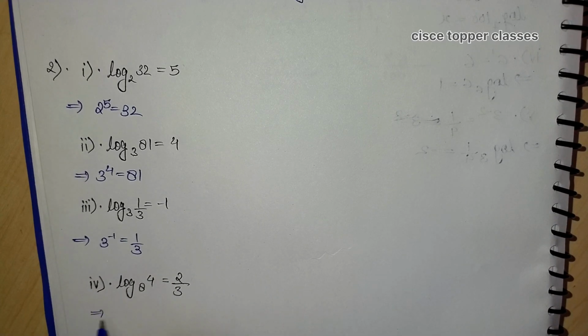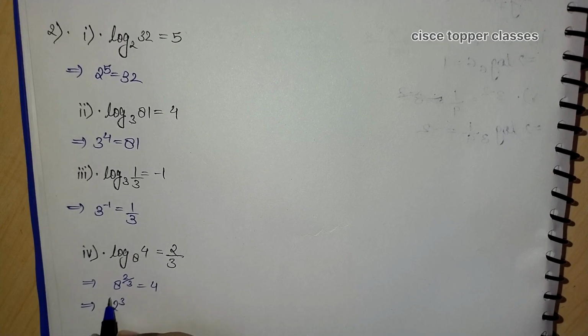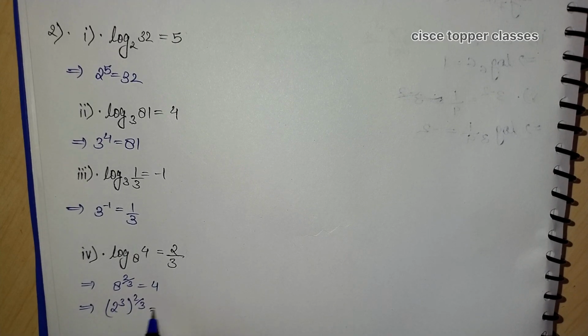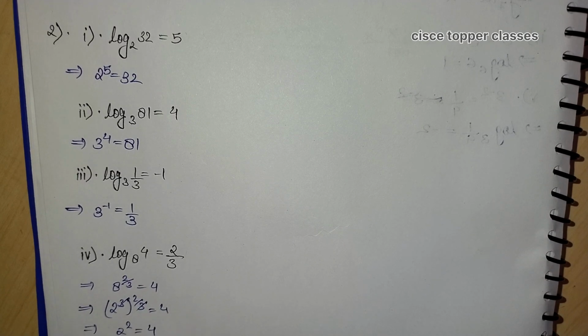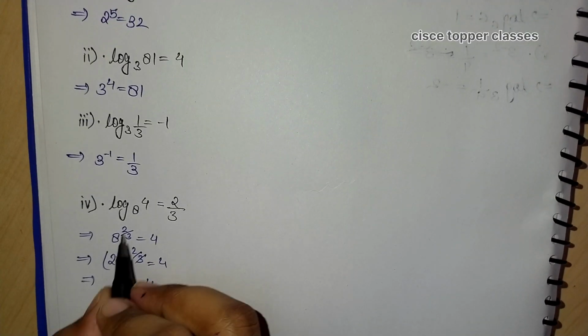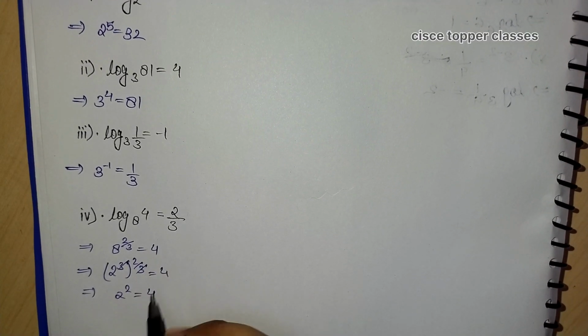Simply we can write it as 8 to the power 2 by 3 equal to 4. So it will be 2 to the power 3, whole power 2 by 3 equal to 4. This will be cancelled out and it will be 2 to the power 2 as 4 only. So this is the final thing. 8 to the power 2 by 3 equal to 4 only.